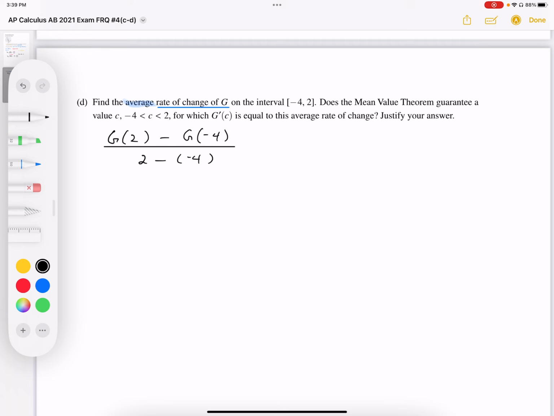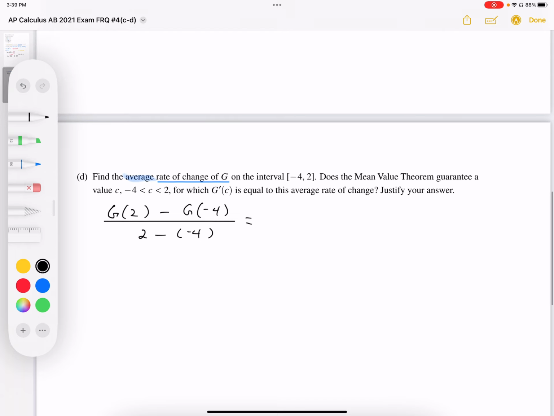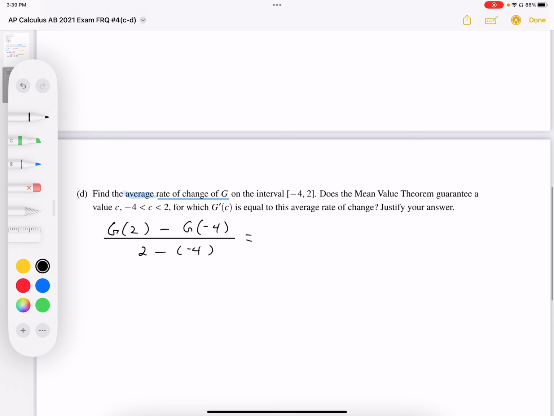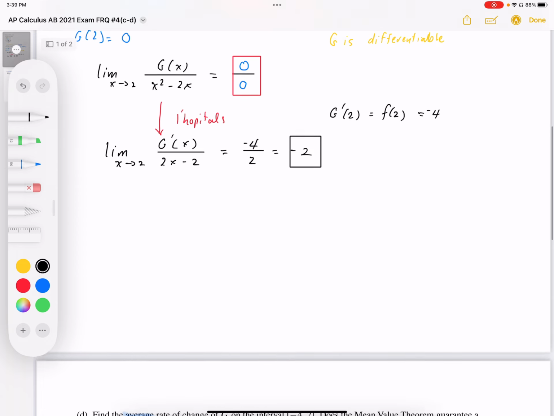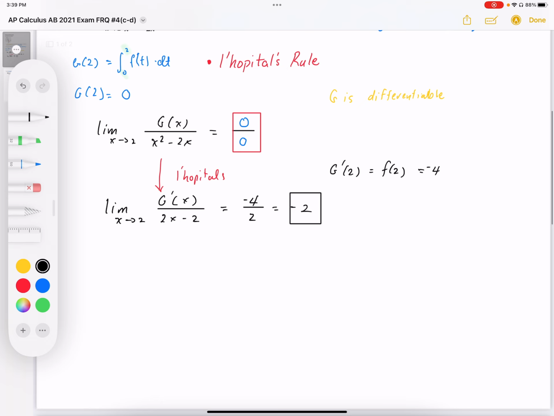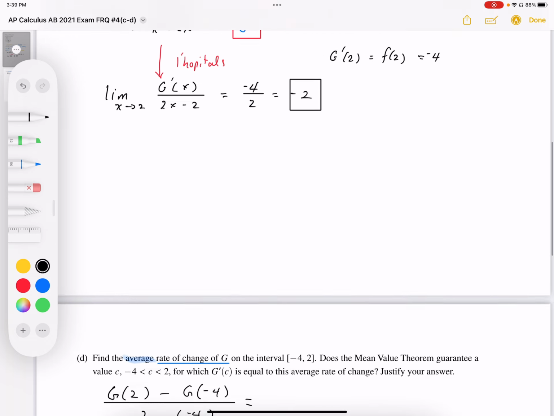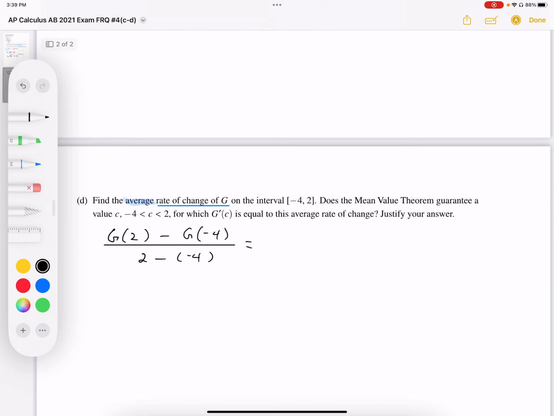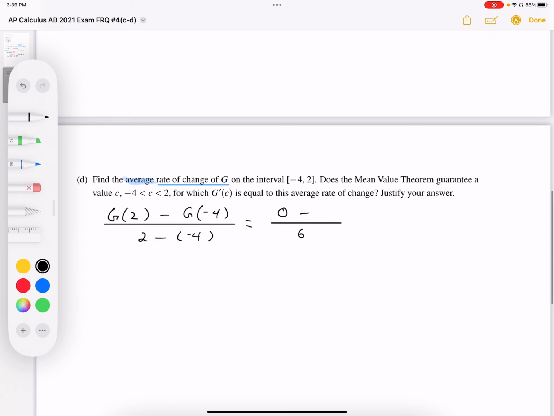So this would be the slope formula, which is the average rate of change or the average slope of g. And so we need to establish g of 2. Okay, looking above, we've already figured out g of 2 is equal to 0. So I'm going to plug that in. 0 minus, we still need to find g of negative 4, and that's going to be over 6.